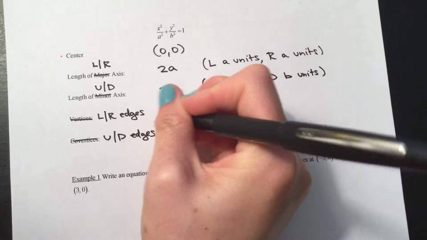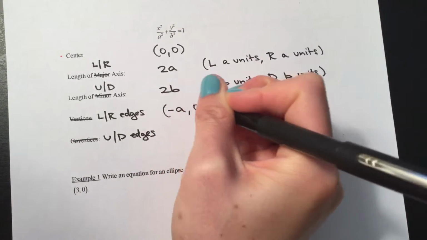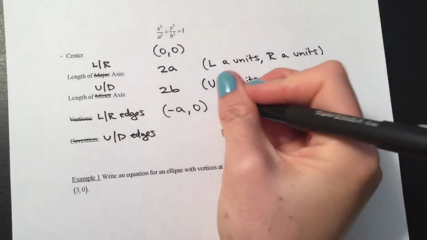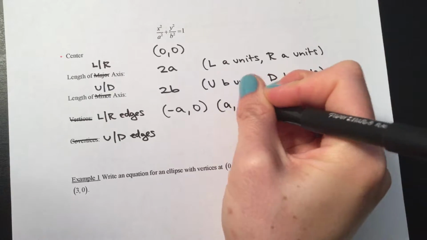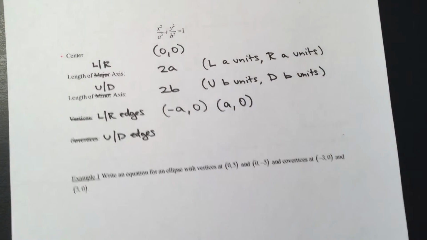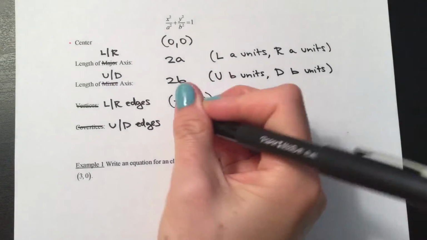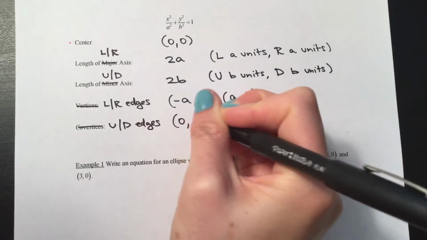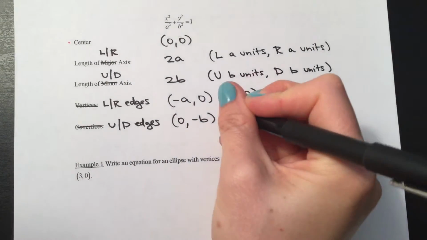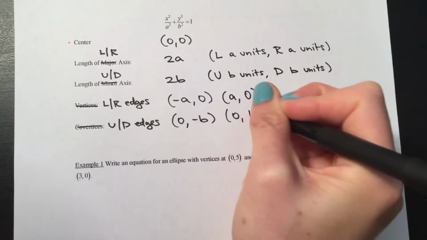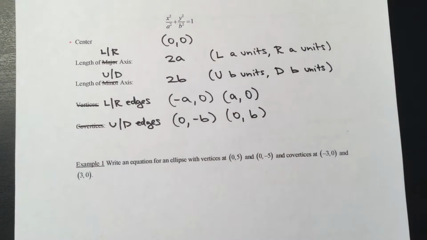So the 2 vertices, it's going to be A units left, but you haven't gone up and down yet, and then A units right, and you haven't gone up and down yet. And then up and down, your x value is still 0 and you can go down B units, or your x value is still 0 and you can go up B units. So those are going to be the vertices.